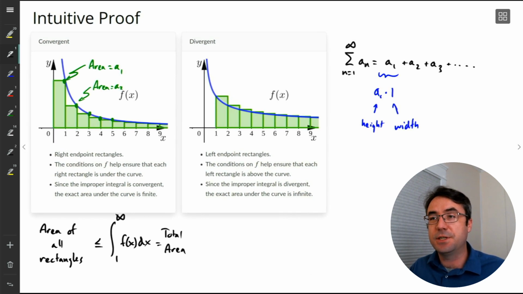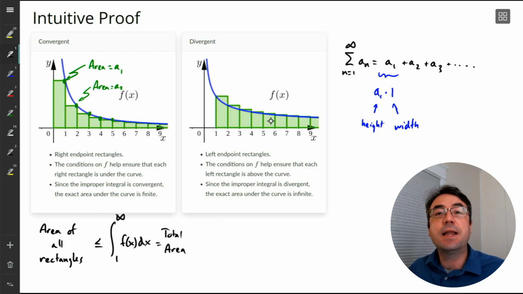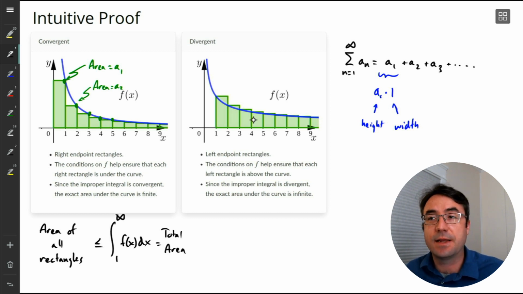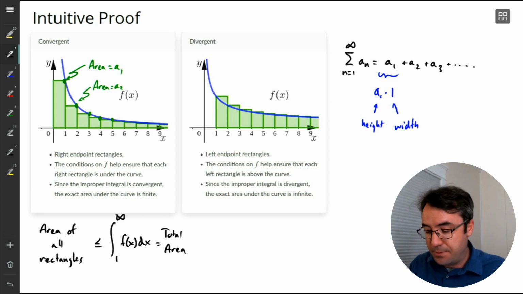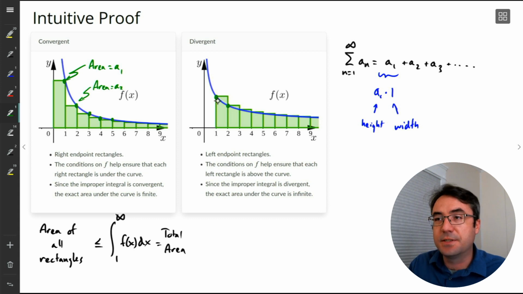Now for the divergent case, it's the same idea, but now we're using left endpoint rectangles. We're still viewing each term in our series as the area of a rectangle, but now the height of our rectangle is given by the left endpoint.